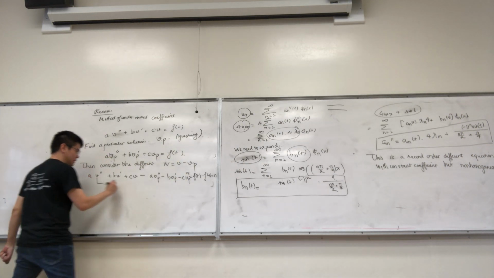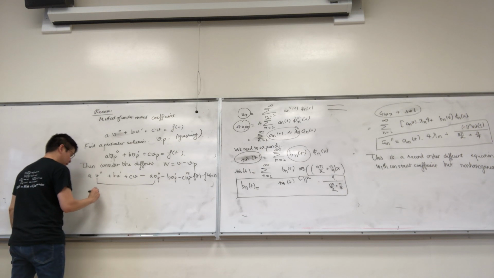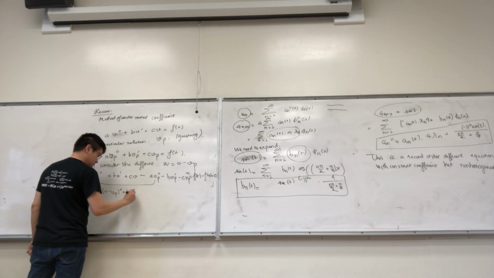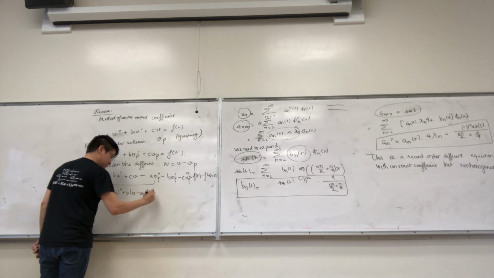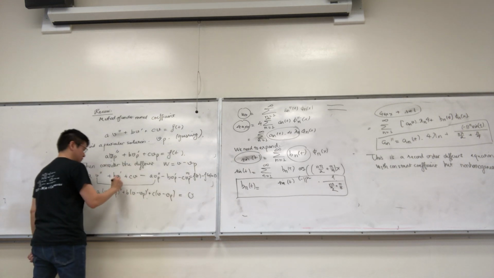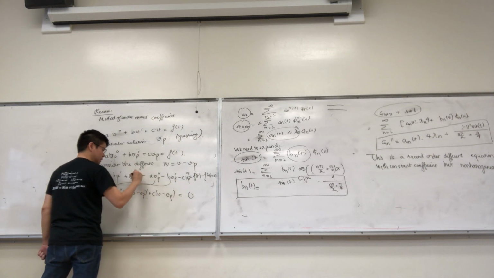So you combine these terms, and you get A (V minus VP) double prime plus B (V minus VP) prime plus C (V minus VP) is 0.